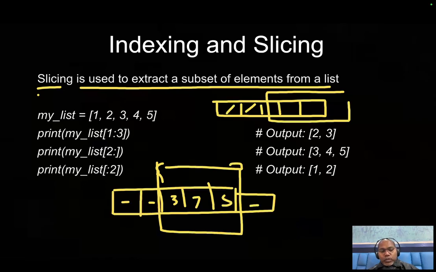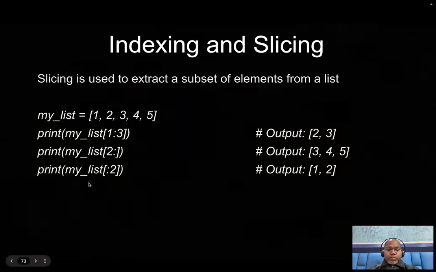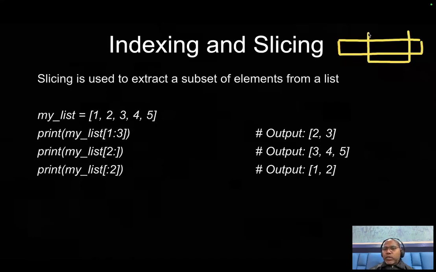Slicing generally works in three ways. One way, whatever list you have, you want only a specific portion, from this portion to this portion.